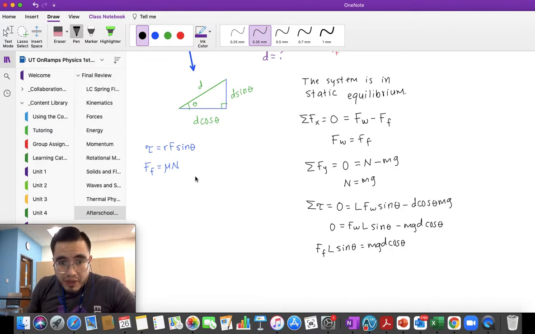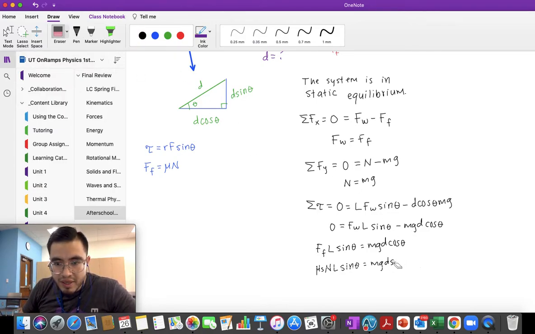Instead of writing force of friction, I'm going to write coefficient of static friction times the normal. Now it's static because it's not moving, times the normal times length times sine of theta. There we go. And on the other side, this is cosine of theta. Now, we also know that the normal force is the weight.